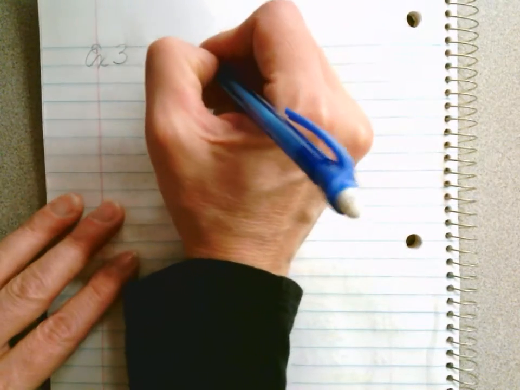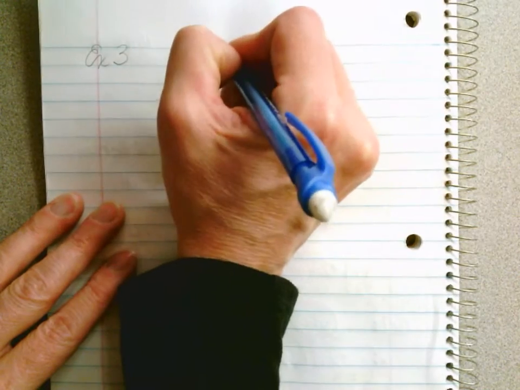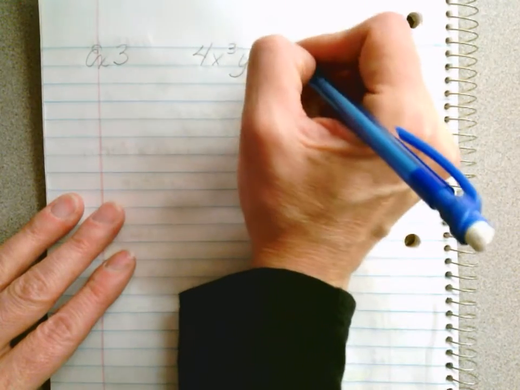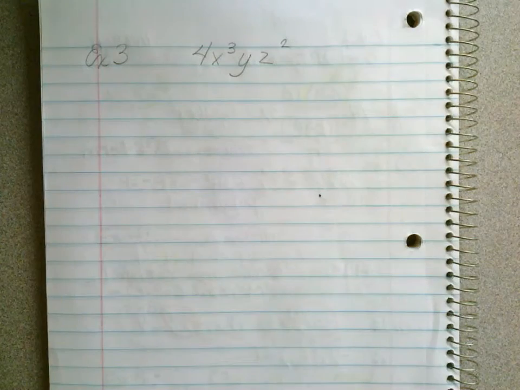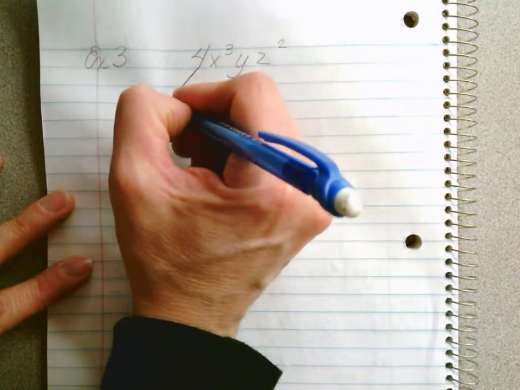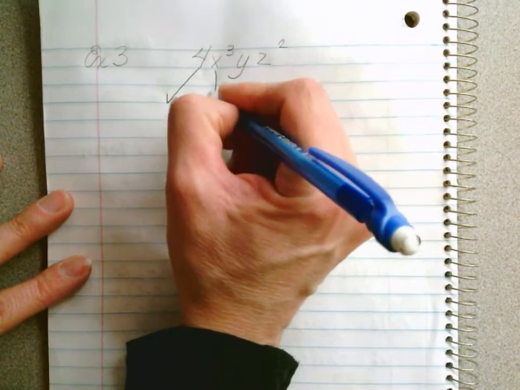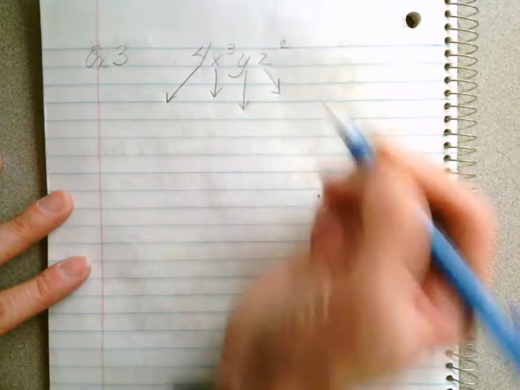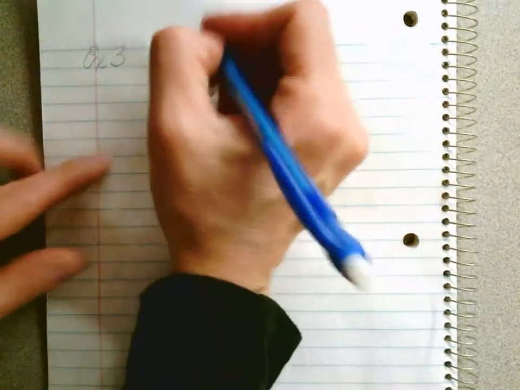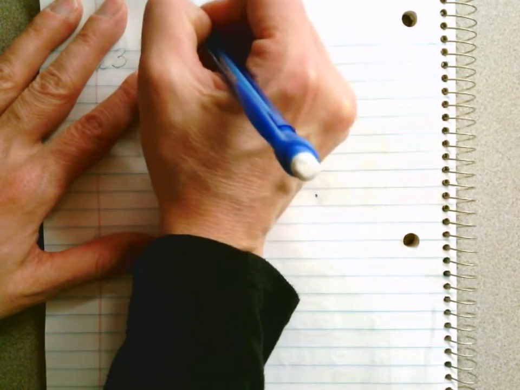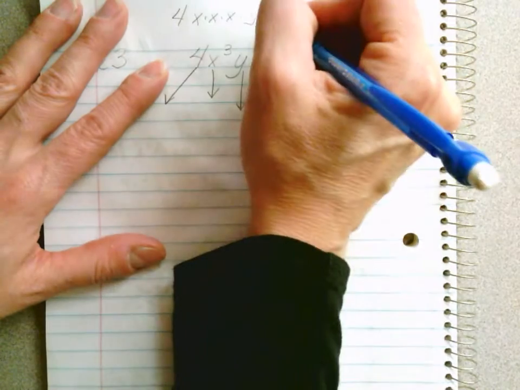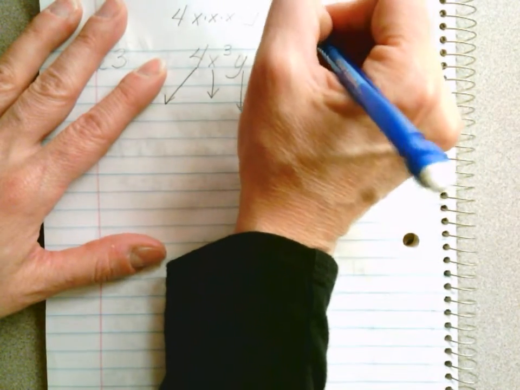If you are given a monomial, and this is a monomial, the degree of each thing is how many times it appears within the monomial itself. And if I were to break this apart, it would be 4 times x times x times x times y times z times z. Am I right?